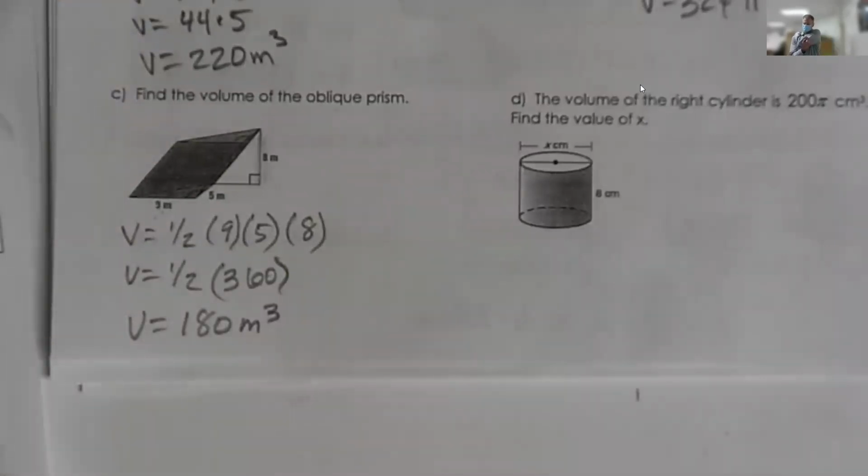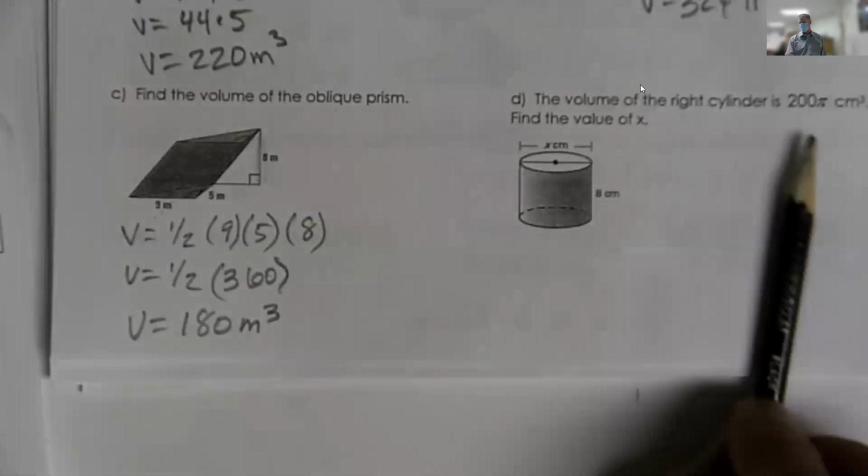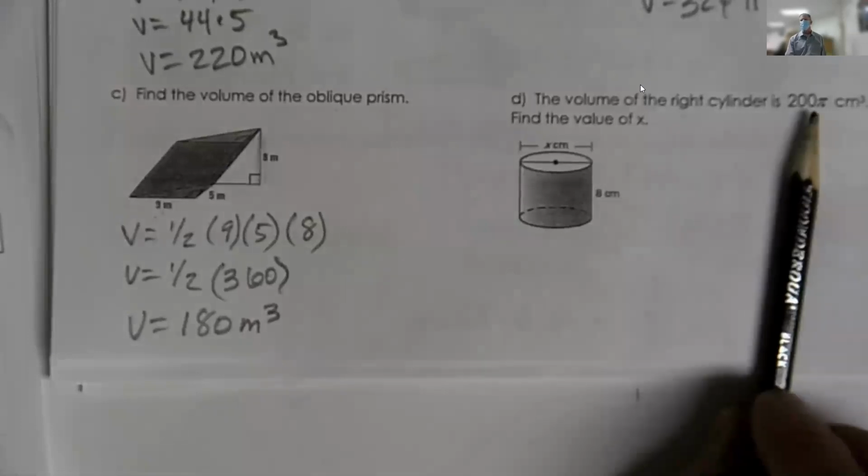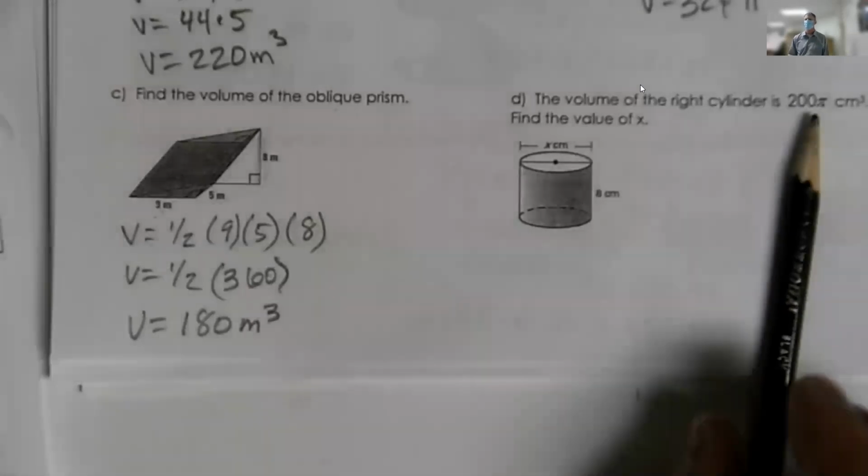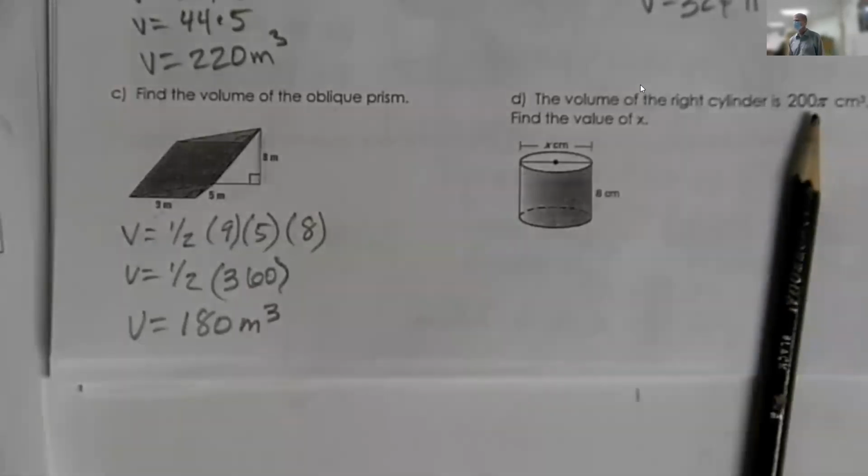Okay, last one. What do you notice is different about this last one? We are going to be working backwards. And the key thing to realize is that little symbol next to the 200. That helps out a lot. The pi symbol. 200 pi is the volume.